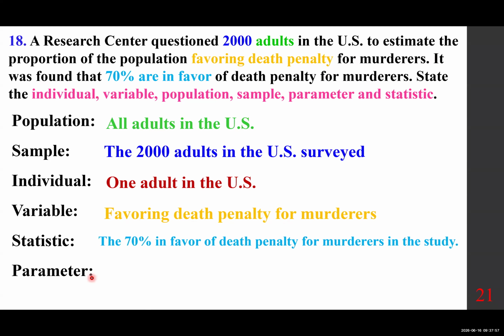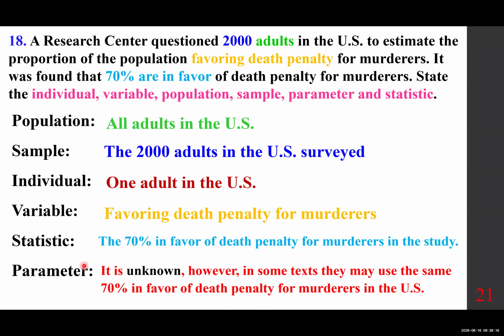Now, the parameter, we don't have that. I want you to know that because parameter refers to the population. In other words, what is the percentage of the people, the adults in the United States that are in favor? We don't have that. End of this story. So it is unknown.